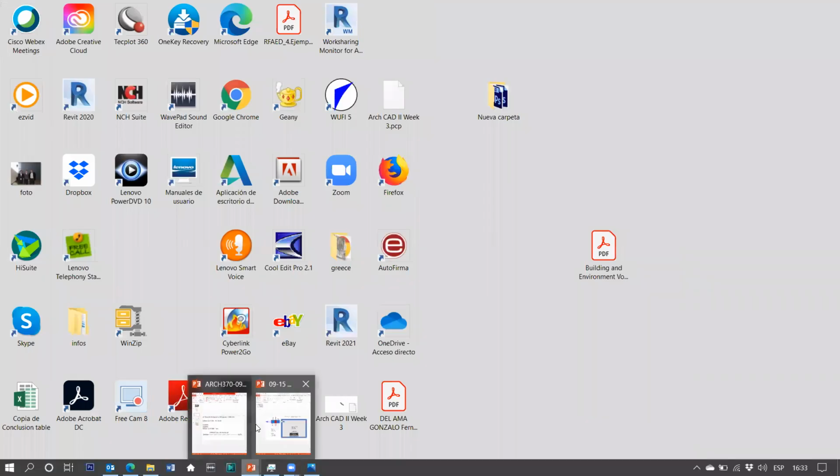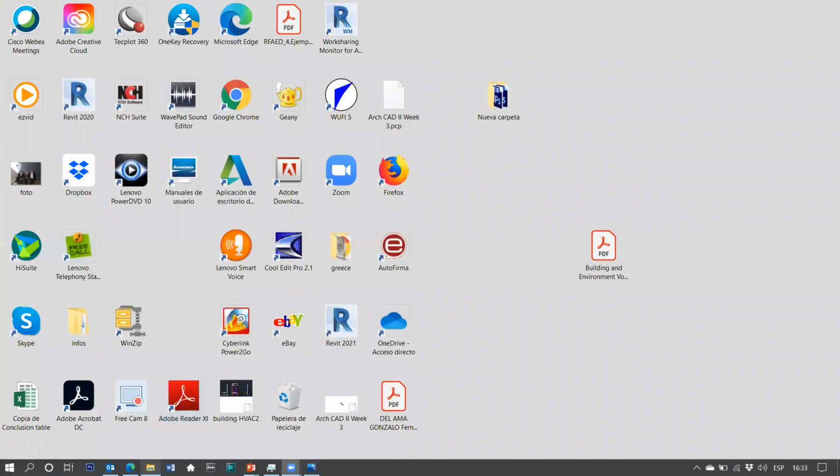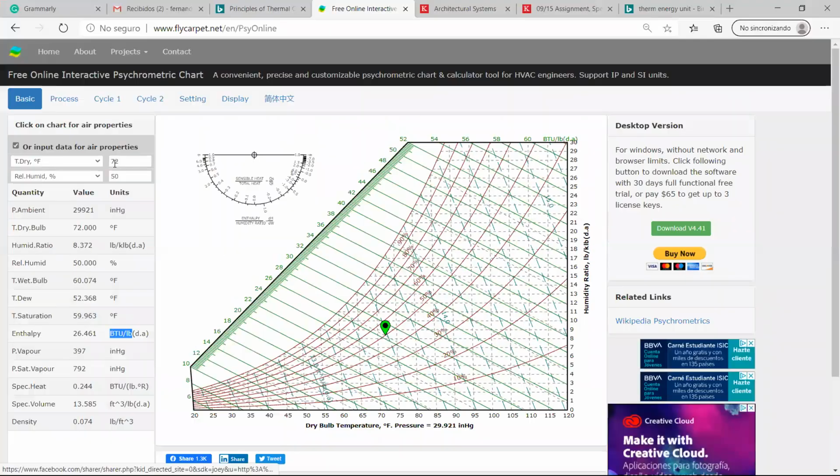So let's write it down. BTU per pound. What's the enthalpy outdoors? Okay, so we have to go here. The temperature outdoors is 32.